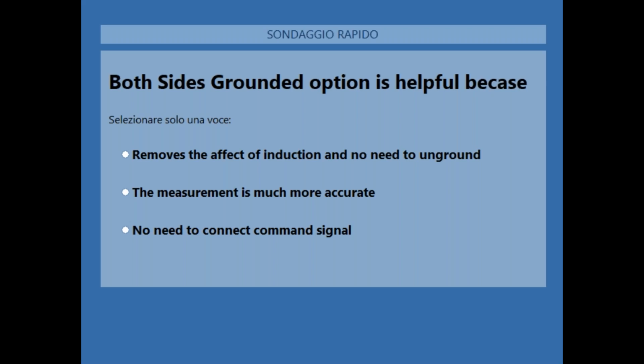Okay, 20% of the people have voted, but I see that one of the answers, which is not the correct one, is gaining more popularity. Almost 50% of the people have voted, and now we are getting better. So Simone was discussing the benefits of both sides grounded, and what would be the biggest benefit.